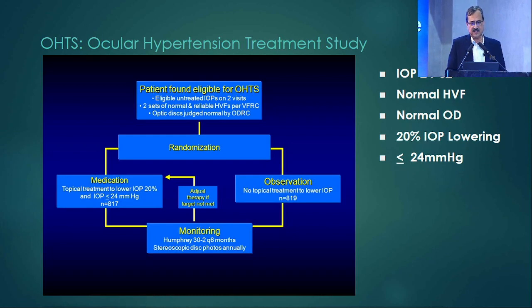They included patients with IOP in the range of 24 to 32 with a normal visual field and a normal optic disc, so that structurally and functionally the patient should be normal but with a high intraocular pressure.